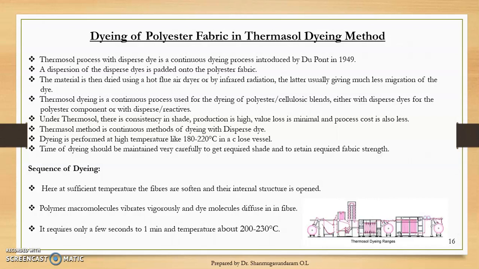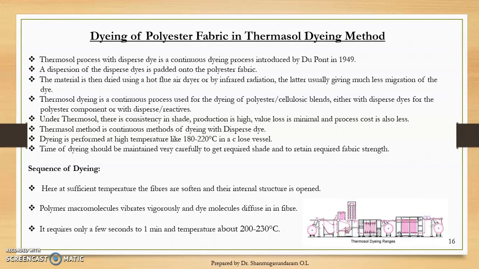The time of dyeing is also maintained very carefully to get the required shade and to retain the required fabric strength. Otherwise, these two properties will be lost, because the strength of the fabric has to be maintained in any process. In the sequence of dyeing, at sufficient temperature the fibers are softened and their internal structure is opened.